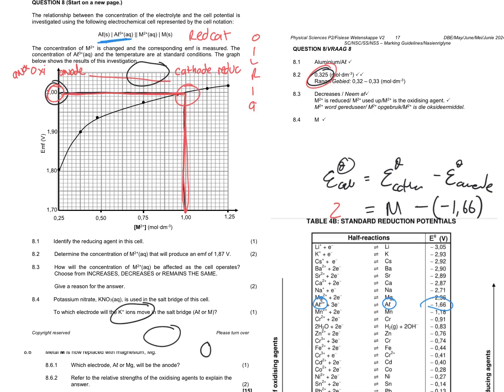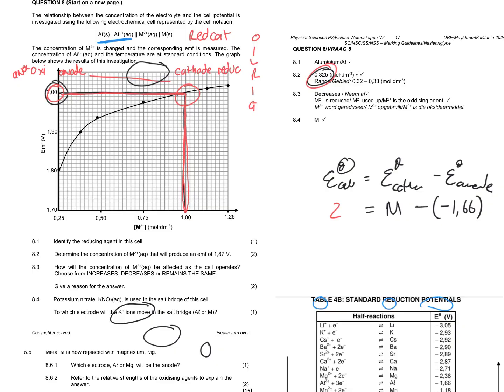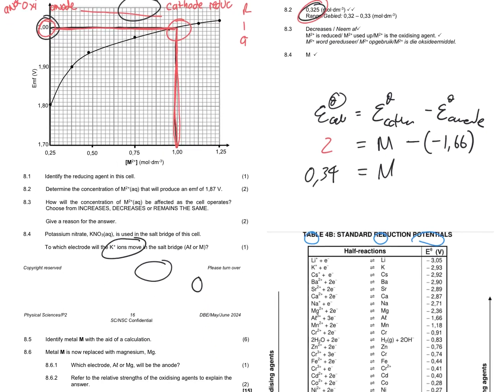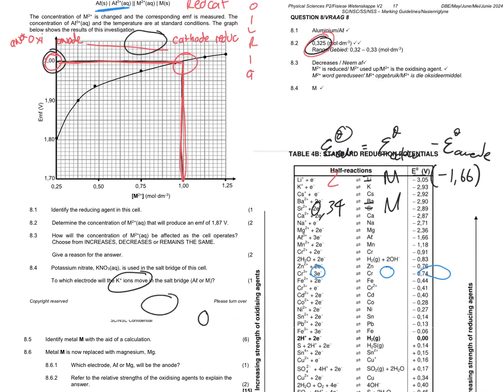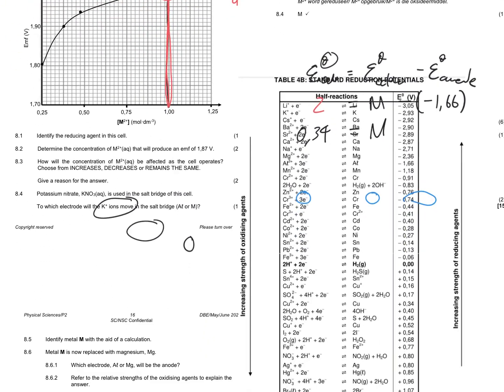And then we do a little bit of maths, and we get that the M's reading is 0.34. And 0.34, if we look on this table, 0.34 is copper. See here, 0.34 is copper.